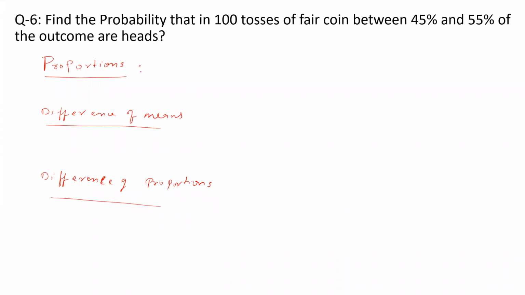So in the proportions, the formula which we're going to apply is that mean of the proportion will be exactly equal to the proportion, all right, and the standard deviation of the proportion will be equal to square root of pq by n, where this small p is denoted as the probability of success, which we have already seen in binomial distribution.